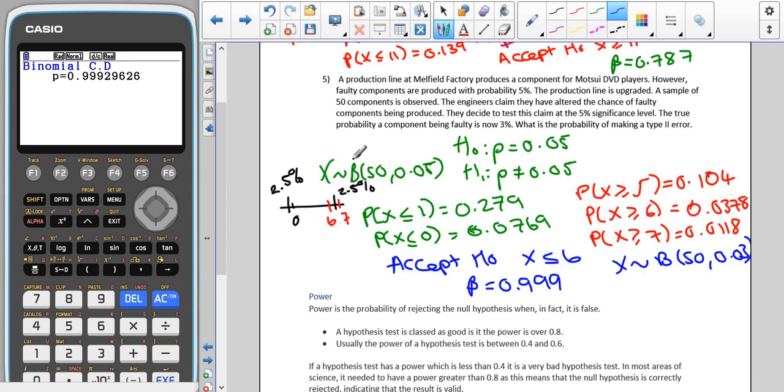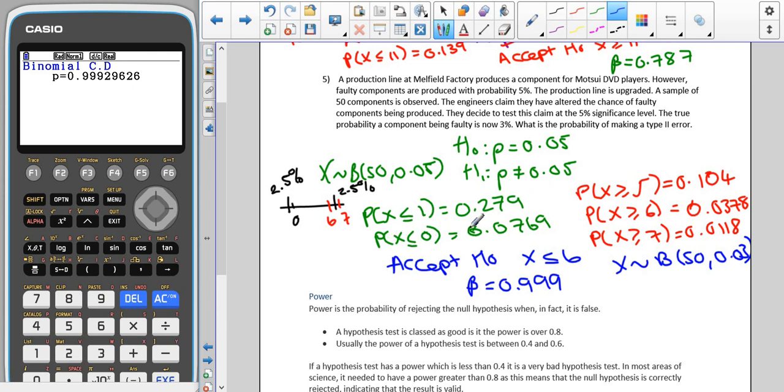We're using X follows the binomial distribution with an n of 50 and a probability of 0.05. I first tried to find a probability at the bottom side, to get less than 2.5%. When I tried less than or equal to 1, I already got 0.279, which is quite a big probability still.